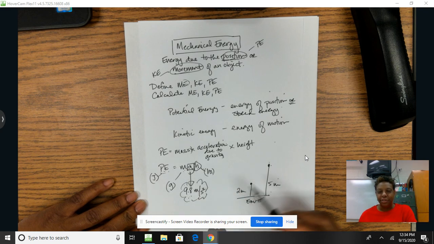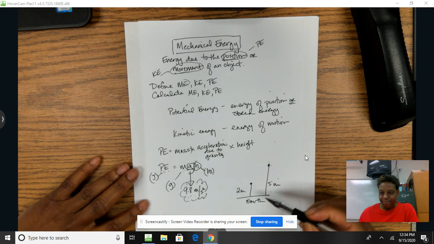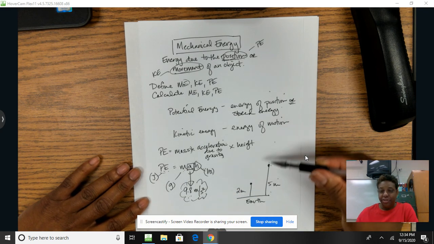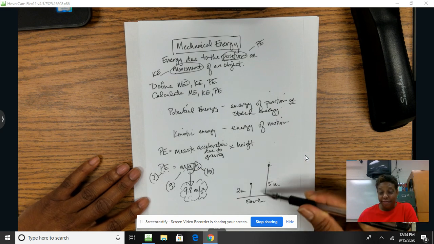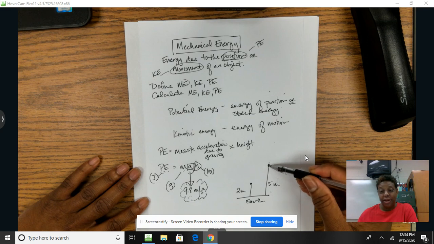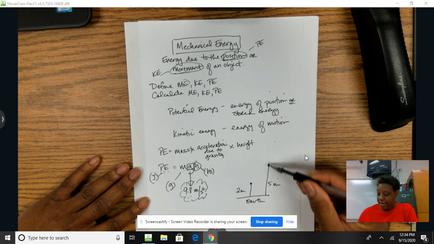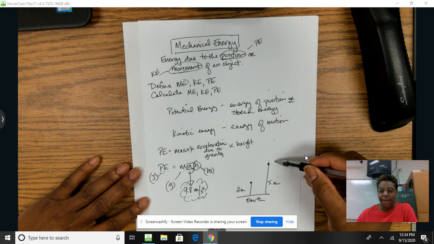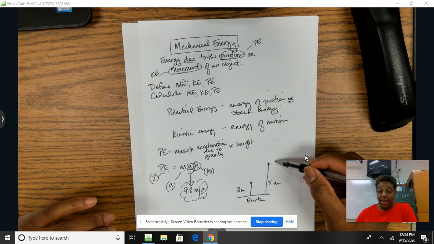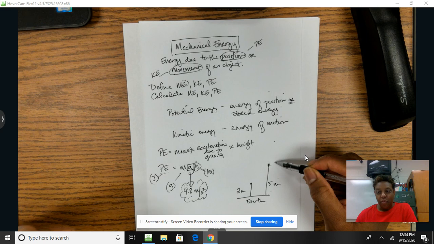Yes, mass makes a difference, but how much stored energy something has relative to the Earth really depends on the height and the mass. But in this case, I wanted to highlight the importance of the height variable.